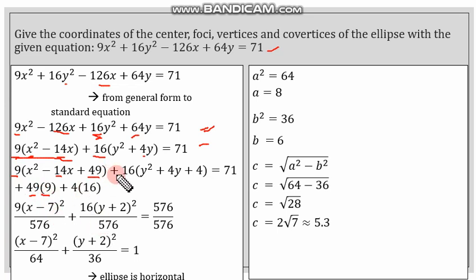Next is plus 16 times y squared plus 4y. 4 divided by 2 is 2. 2 times 2 is 4. So we will add 4 here on the left side and also on the right side. Don't forget to also add what we factored out, so times 16.